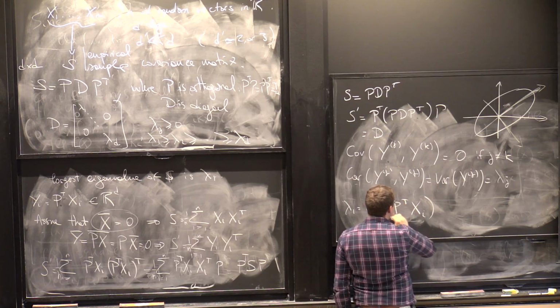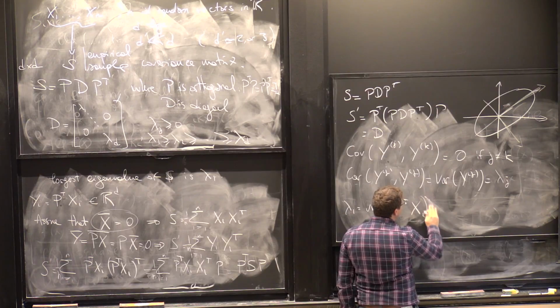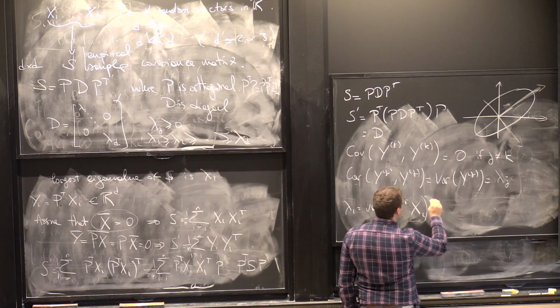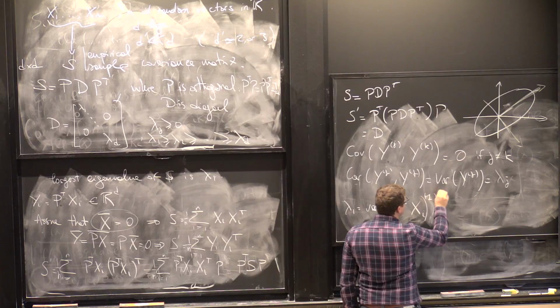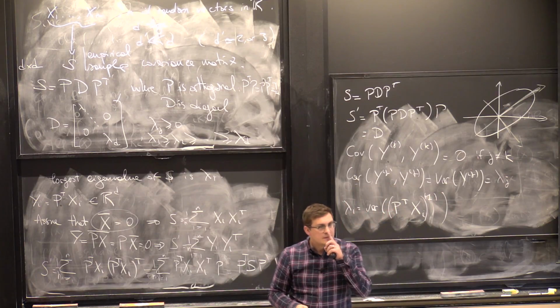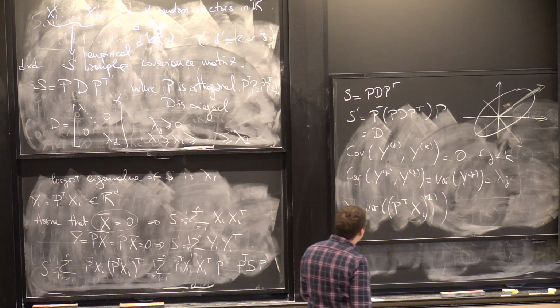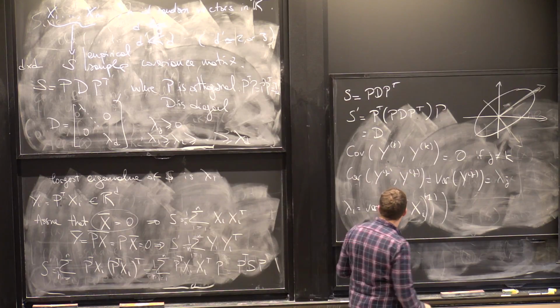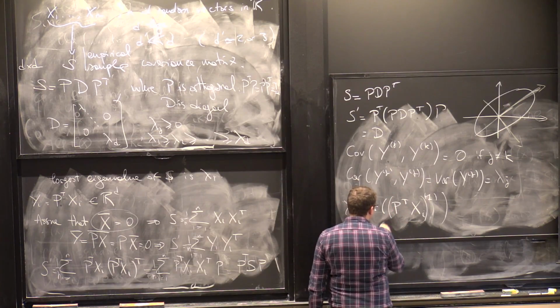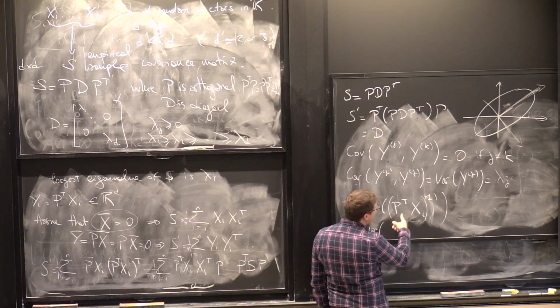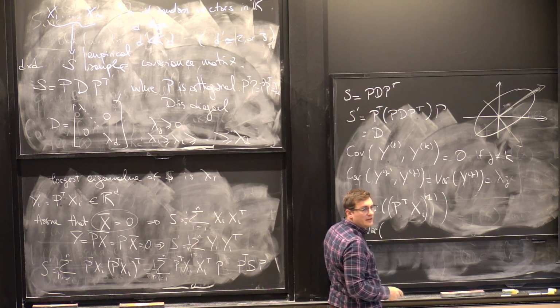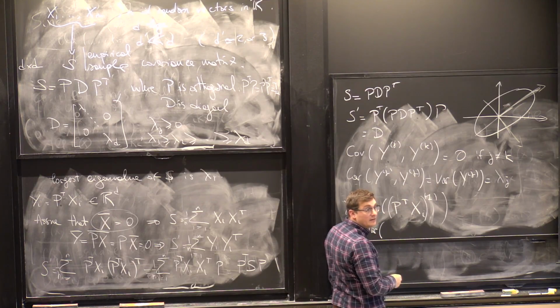But this is a vector, so I need to look at the first coordinate of this guy. Doing this is the same thing as looking at the variance of the first column of P times xi.